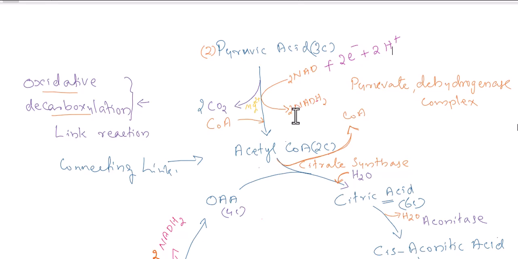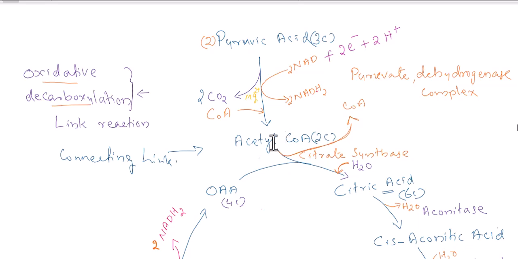This reaction we usually term the link reaction. Why? Because it is a reaction that occurs just before the Krebs cycle, before the substrate enters into the Krebs cycle. So the product acetyl coenzyme A can also be termed the connecting link.